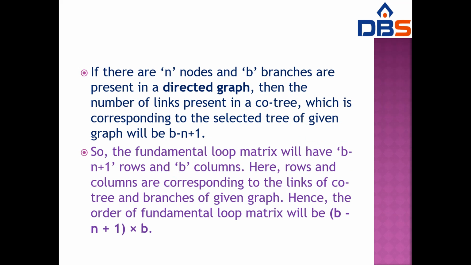Tie-set matrix. If there are n nodes and b branches present in a directed graph, then the number of links present in a co-tree, which corresponds to the selected tree of the given graph, will be b minus n plus 1.